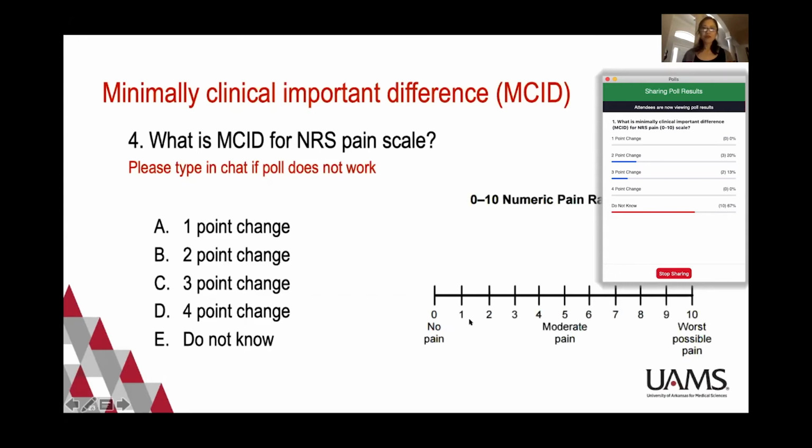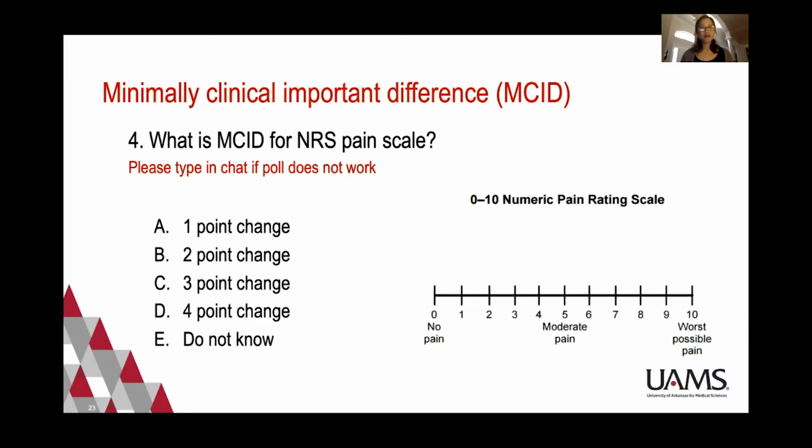We have 20% of the audience who know that we need at least a 2 point change. That is the minimal clinically important difference of this scale. And the research shows that for both acute and chronic pain, the average MCID is about 2 points.